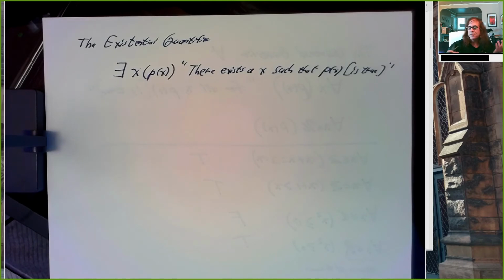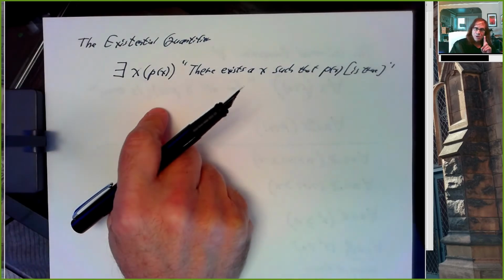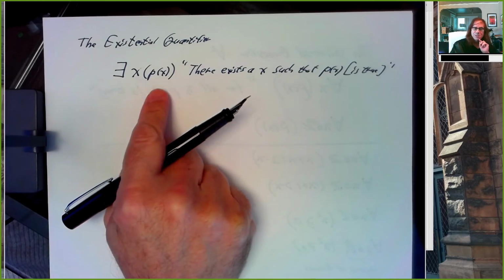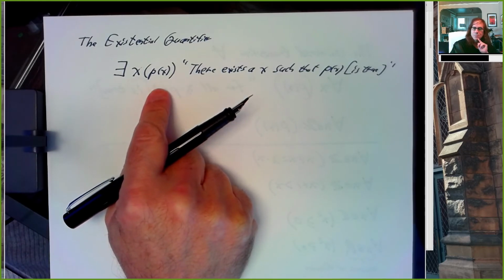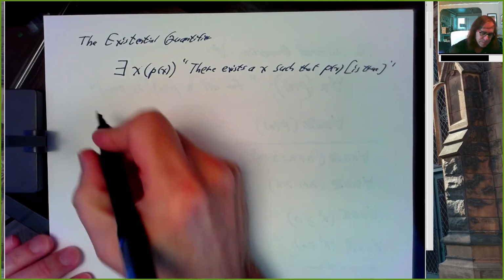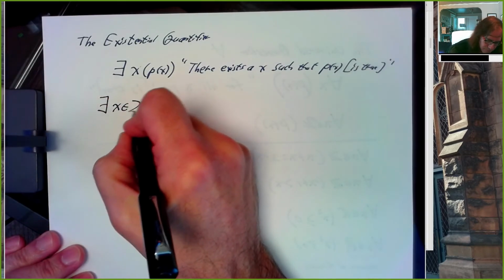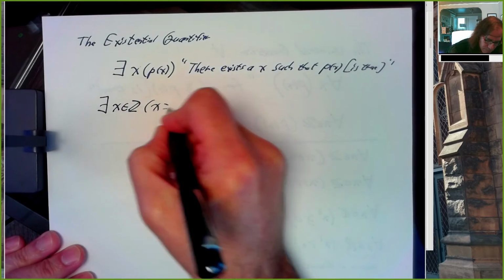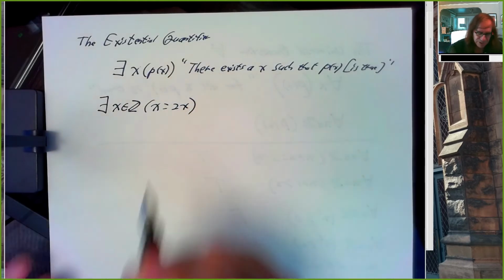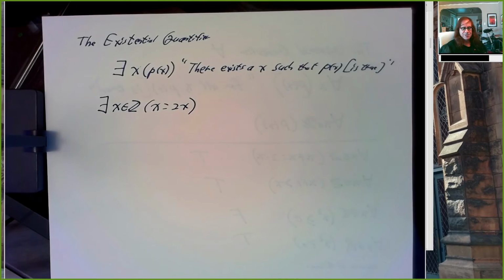So over whatever universe we're working on, this statement says there's at least one value of X which makes this proposition true. So there exists an X in the set of integers such that X equals 2X.